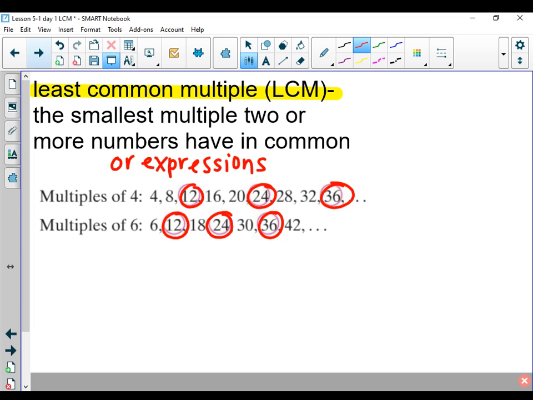But we want to find the smallest one. Now, one dilemma is that we just finished using a whole bunch of factors, so people confuse the least common multiple with greatest common factor. But what's the problem with greatest common multiple?